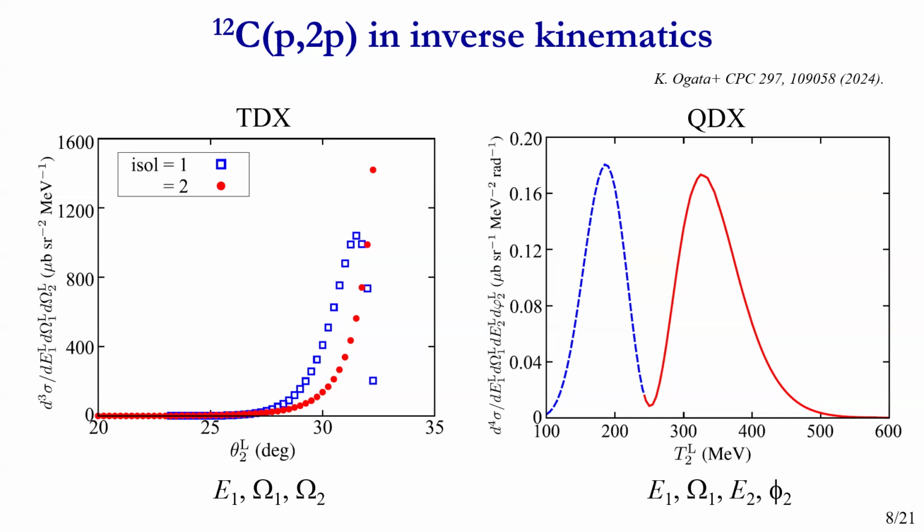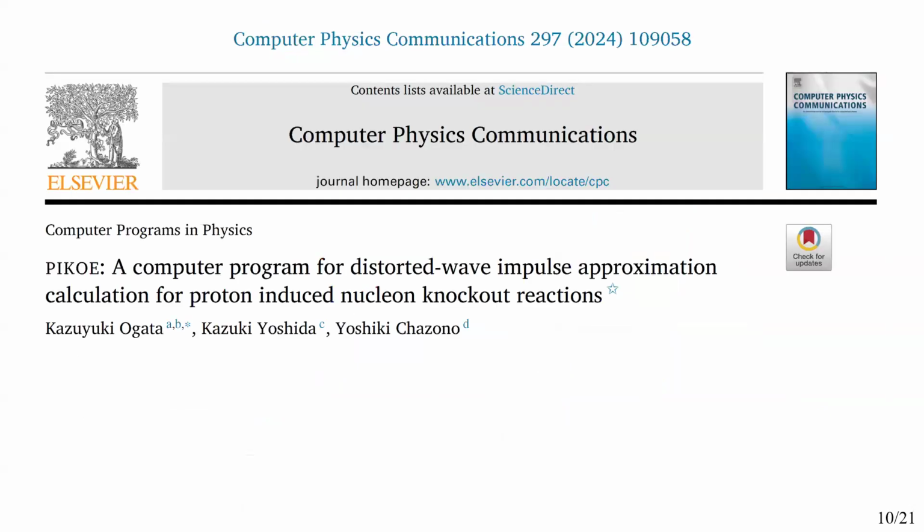And QDX shows that nature. So the correspondence between the observable and the momentum distribution is much clearer when we use the QDX than using TDX. So in inverse kinematics measurement, we should measure QDX for the completely, how to say, exclusive observable.